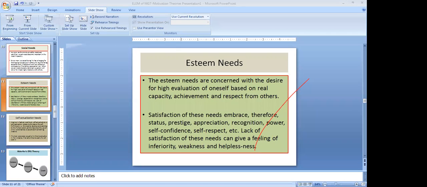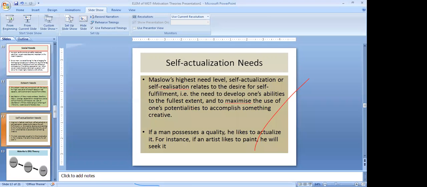Then we have self-actualization, which is the last on the list according to Maslow. At this level, the desire for self-fulfillment is one's ability to be fullest and to maximize the use of one's potentialities to accomplish something.